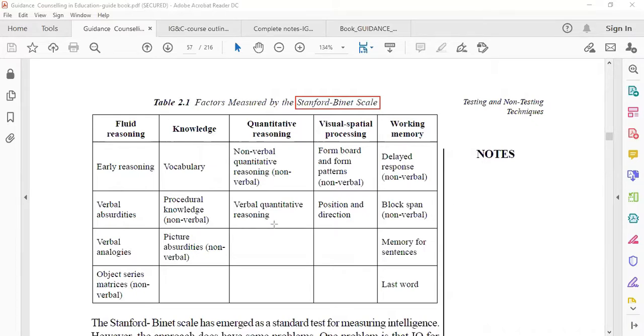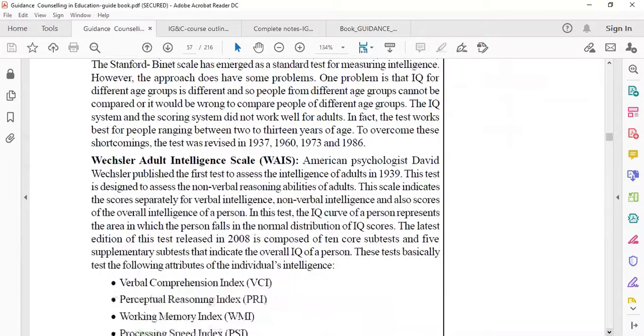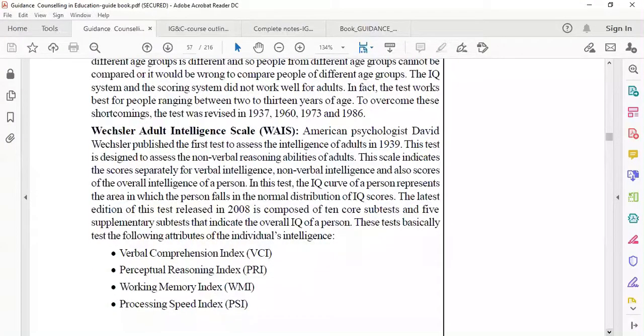IQ is basically the measurement of intelligence. There is a very simple formula, but there is a long test to assess the mental age of a person.